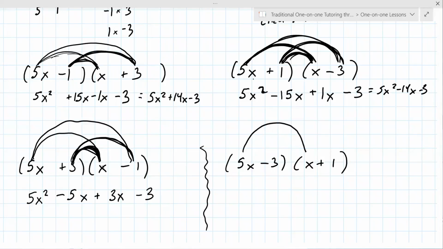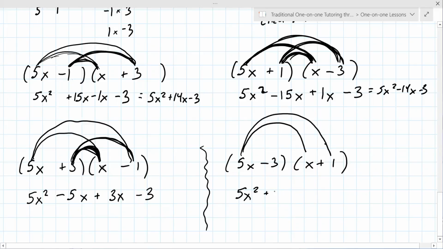Now for that, 5x squared. And then the next one, 5 times 1 is 5, but there's an x that goes with it. And then minus 3 times x, that's the next one, minus 3x.